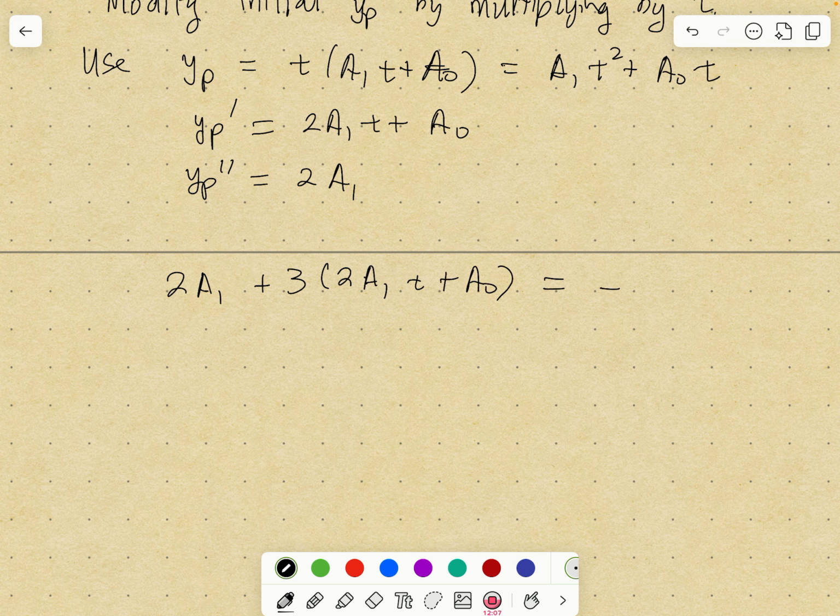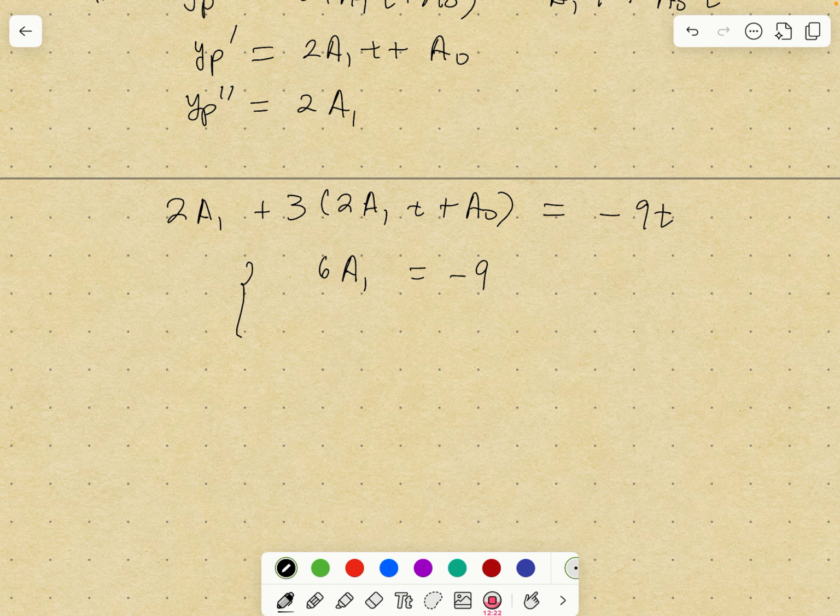This has to equal negative 9t. And now let's set the coefficients of t together. The coefficient of t on the left is going to be 6a1. So you get 6a1 equals negative 9. And then when you set the constant parts, you get 2a1 plus 3a0 on the left, and you get 0 on the right. And this system we can solve, right?